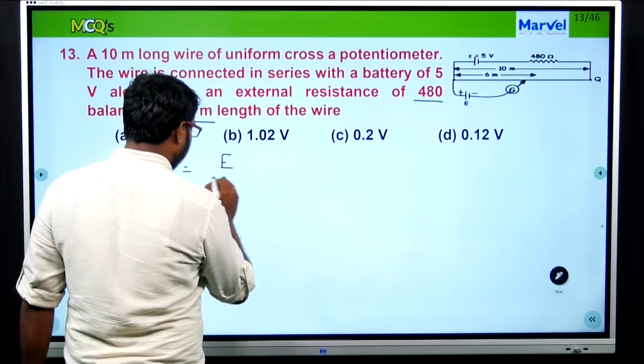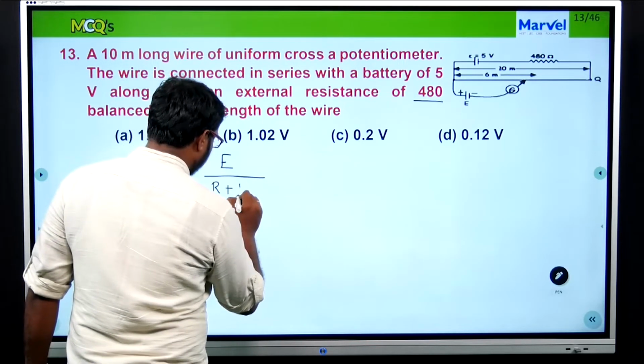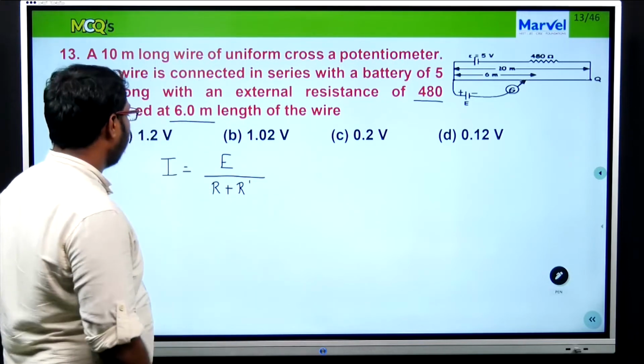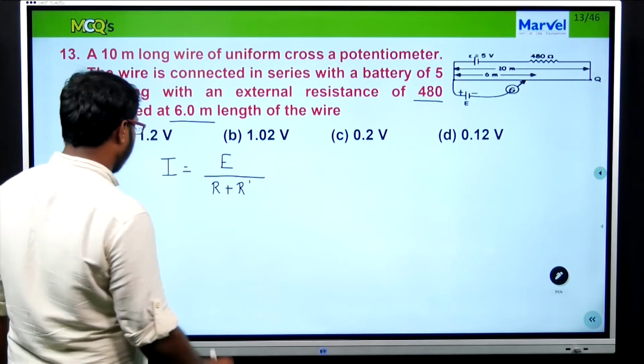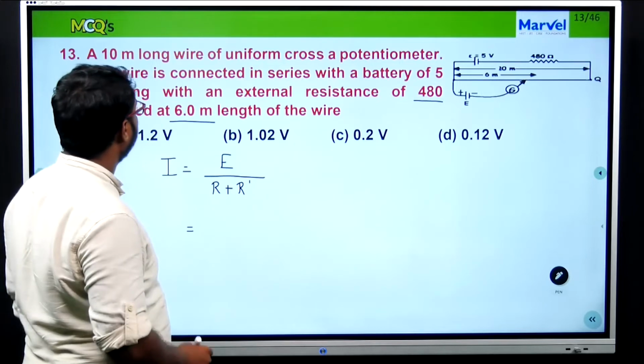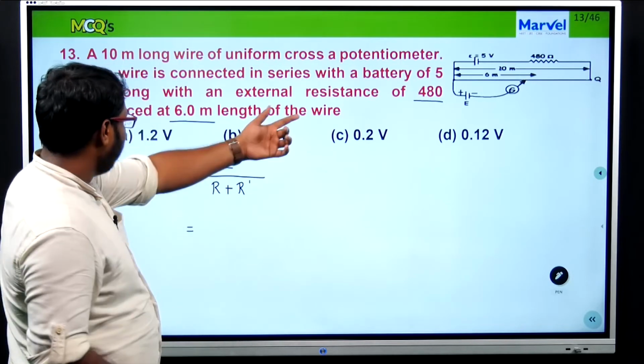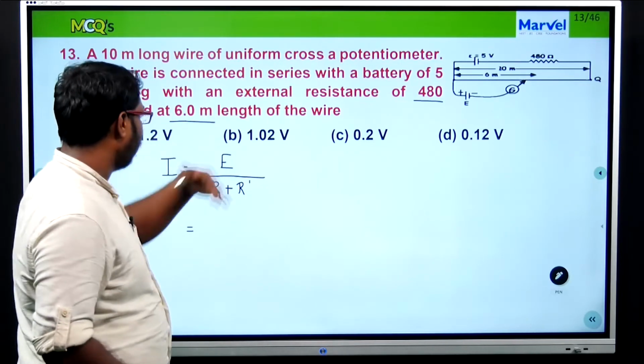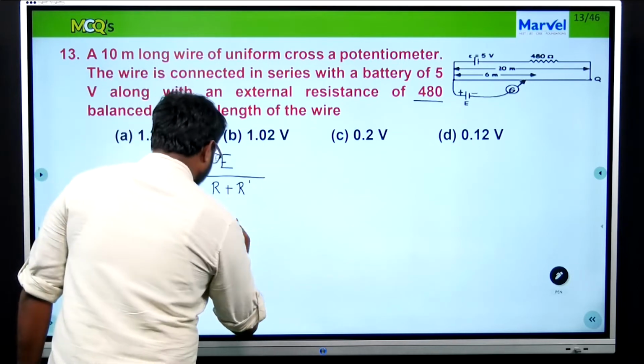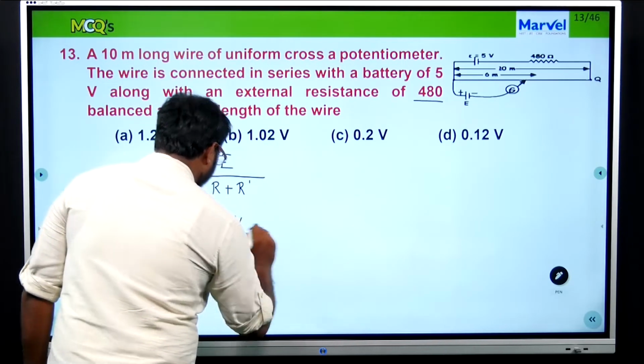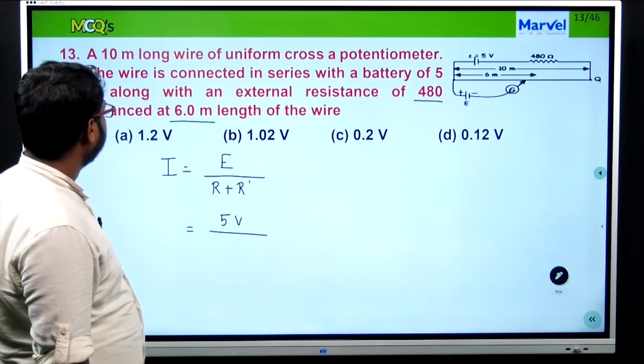E by R plus R prime, which is equal to the E which is connected in the whole circuit, 5 volt, divided by, what are all the resistances?